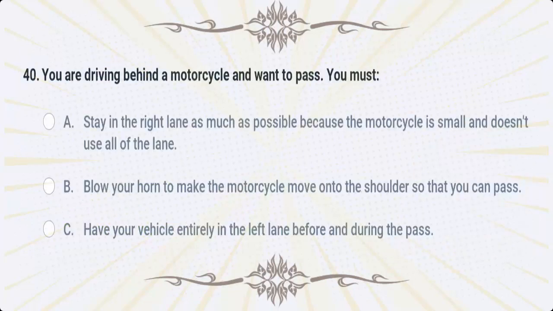You are driving behind a motorcycle and want to pass. You must A. Stay in the right lane as much as possible because the motorcycle is small and doesn't use all of the lane. B. Blow your horn to make the motorcycle move onto the shoulder so that you can pass. C. Have your vehicle entirely in the left lane before and during the pass.